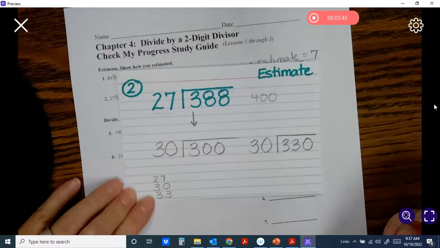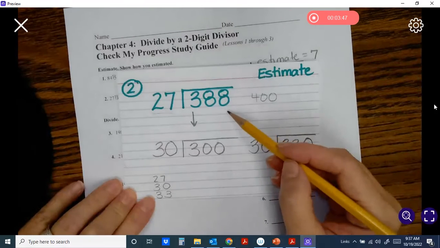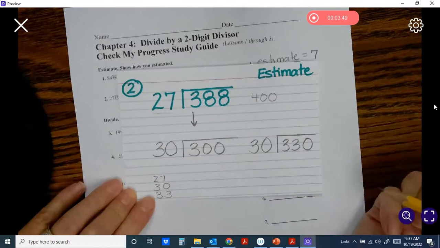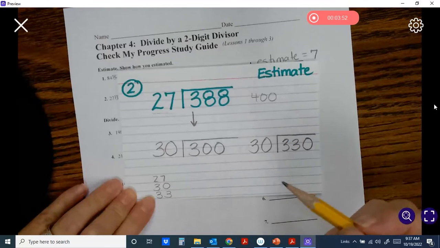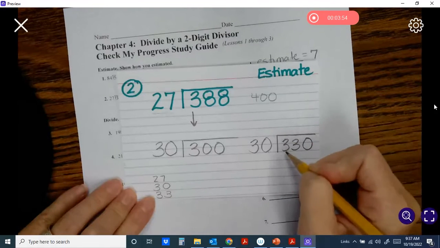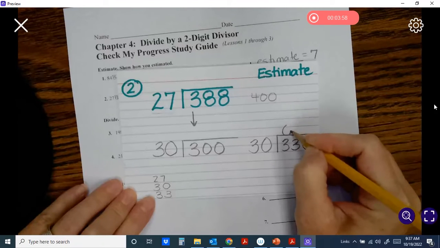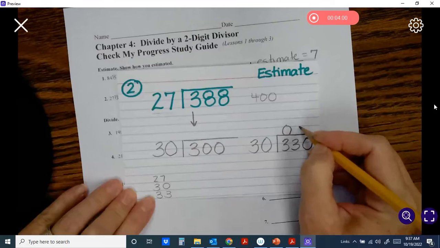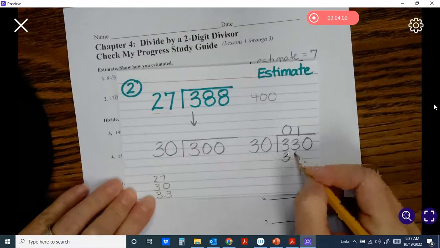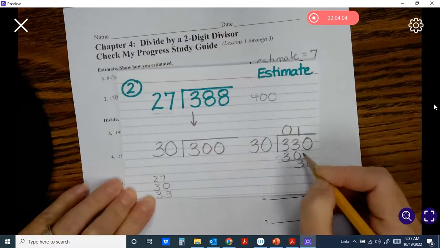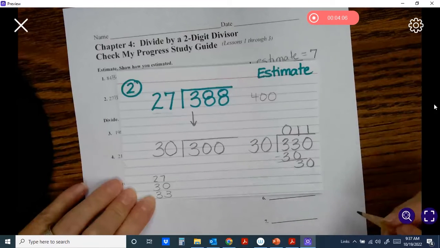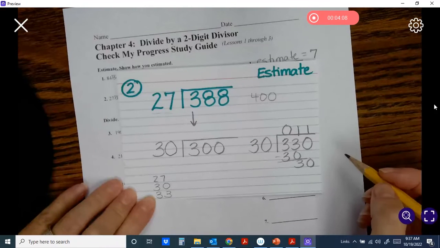How about that? That would be even better. At least that's closer to 388. Okay? So 30 goes into 30 1 time, and 330 1 time. Okay? So the estimate would be 11.